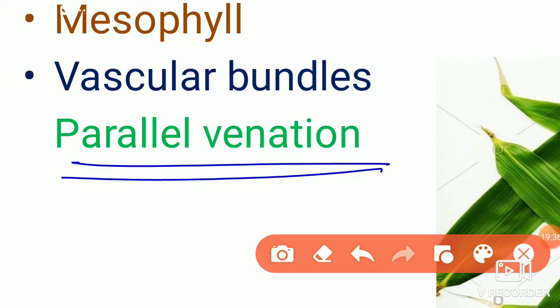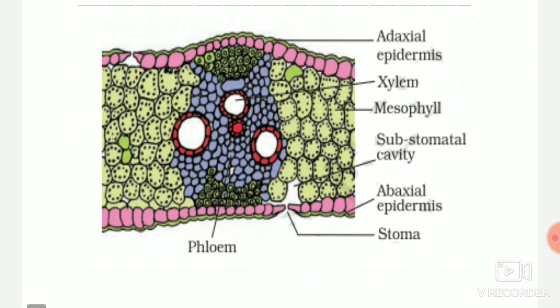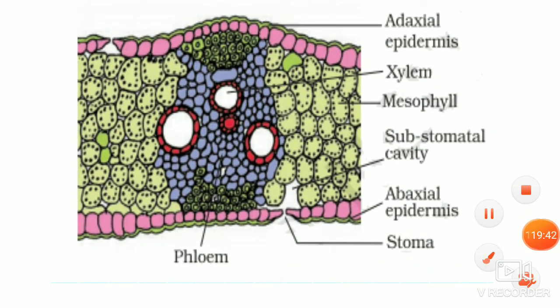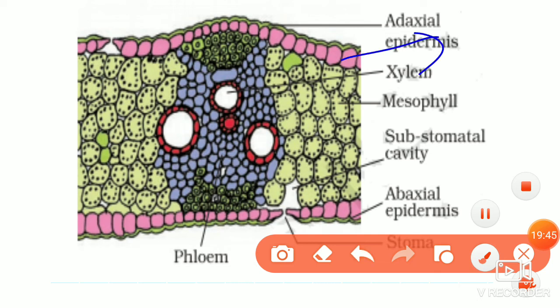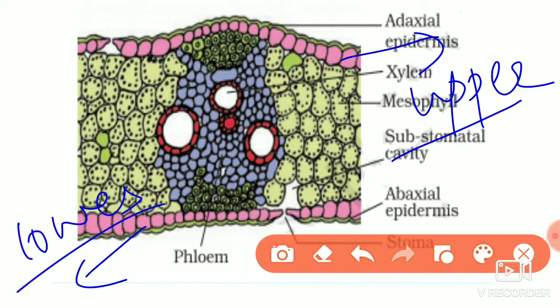When we see the parts, which I already told, the upper surface and the lower surface. This is the upper epidermis, and below it is the lower epidermis. In the case of stomata, here also it consists of stomata, you can see stomata is present.